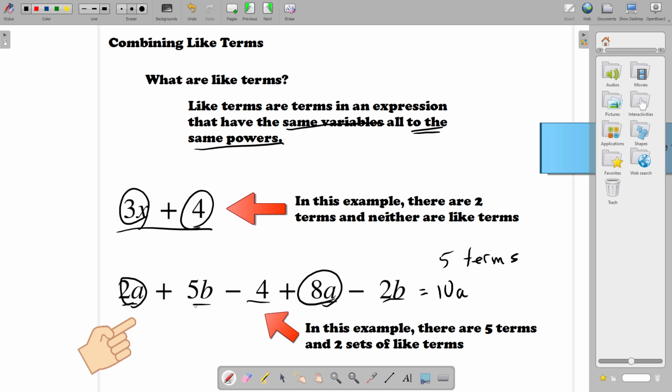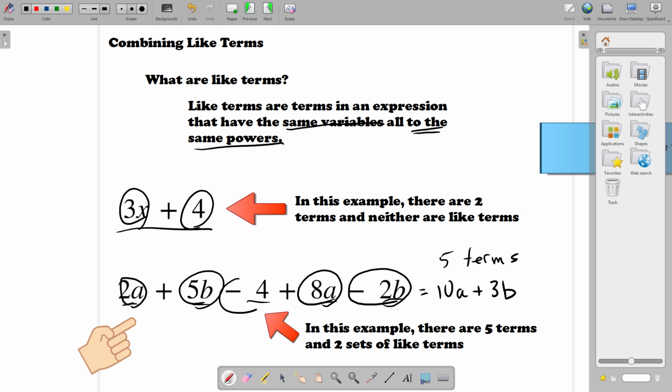We have a 5b term and a negative 2b term. Those two terms are like terms. They have the same variable to the same power. Those can be combined. 5b and a negative 2b is a positive 3b.